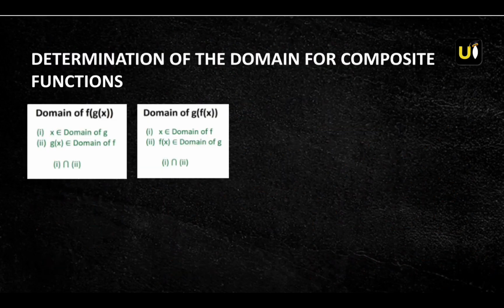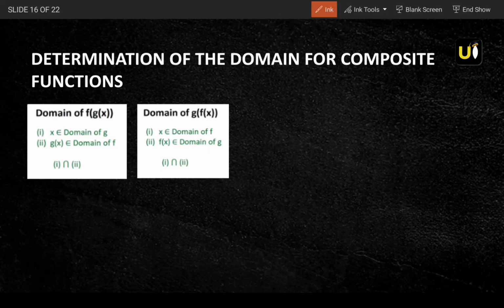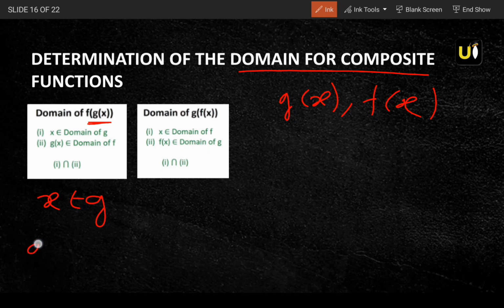Okay. So now, how to determine the domain of the composite function? See here, the domain for this composite function may not be equal to the domain of g of x and the domain of f of x. There are some restrictions on the domain. For example, here we are finding the domain of f of g of x. Then x must be in the domain of the g of x function and the g of x must be in the domain of this f of x function when this is the case of f of g of x.